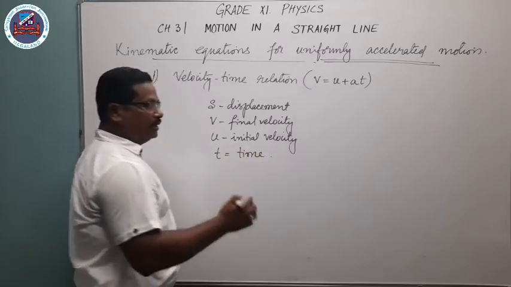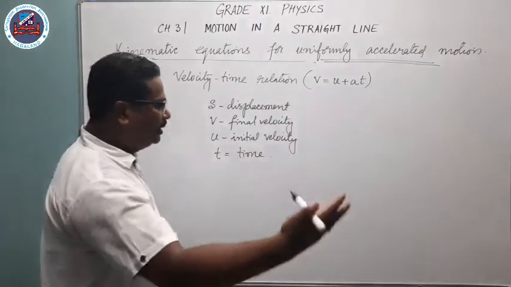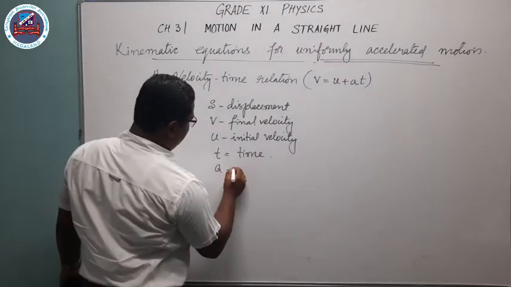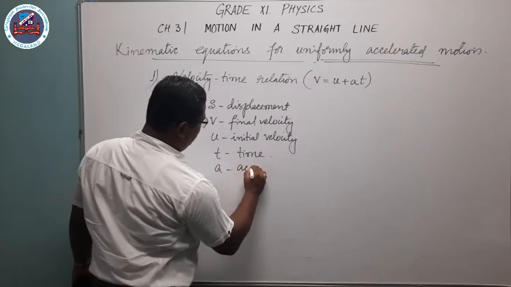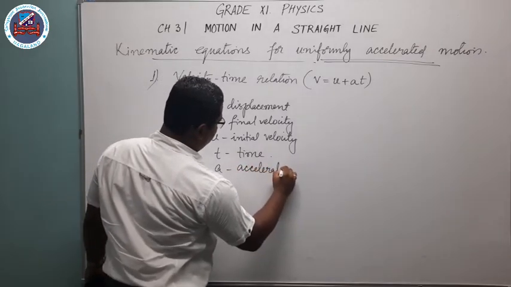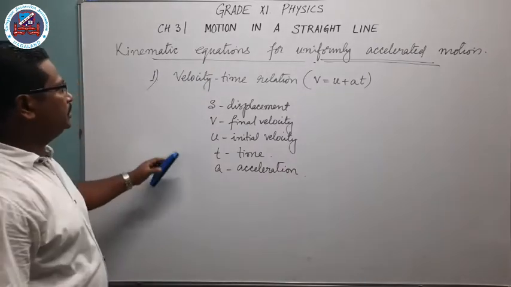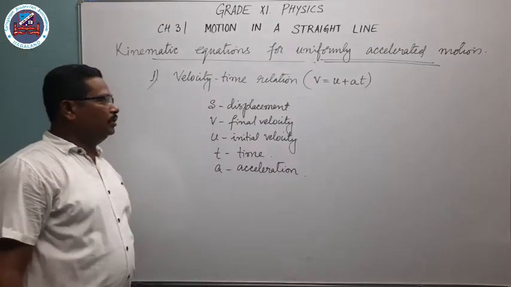Generally we take the starting time as 0 and the final time as t. And A indicates acceleration. These are the physical quantities we are going to use to derive the equations of motion.